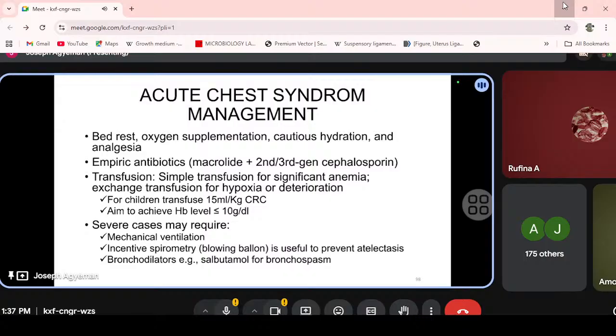Again, transfusion, as I said, is known to minimize all vaso-occlusive crises. So here too, you can do transfusion. The same, at 10 grams per deciliter. You can do exchange transfusion, as I said, removing the patient's blood, which has a lot of HbS, and replacing it with donor blood with a lot of HbA.